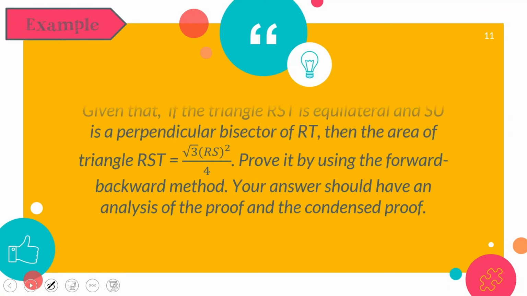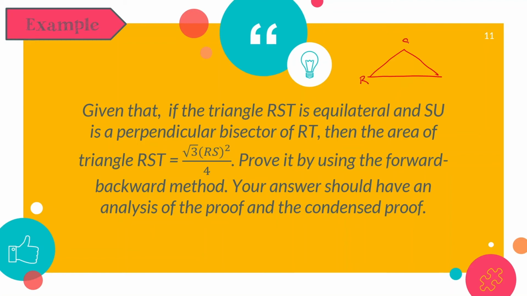So example number 2. Given that if the triangle RST is equilateral and SU is a perpendicular bisector of RT, imagine that RST is an equilateral triangle, and SU. You can draw this either way, it doesn't matter.